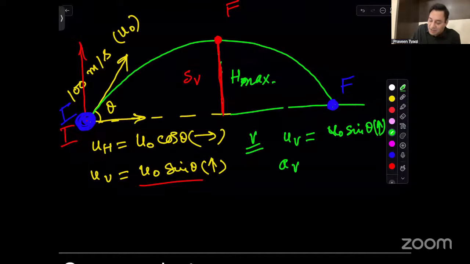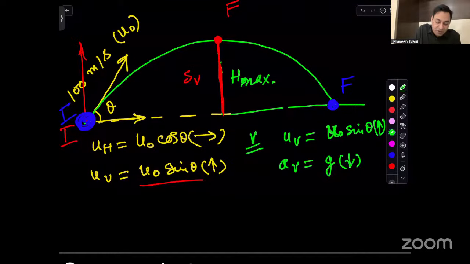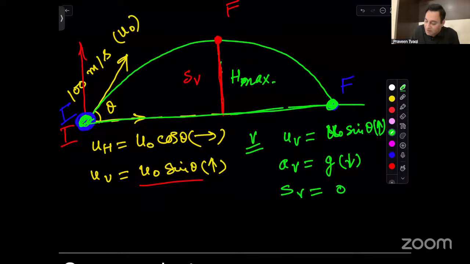Initial acceleration in vertical direction is always going to be g downwards, meter per second square. Now, what is the displacement in vertical direction from here to here? Please tell me. Initial position is this, final position is this. What is the vertical displacement? 0. And we have to find out the time of flight.